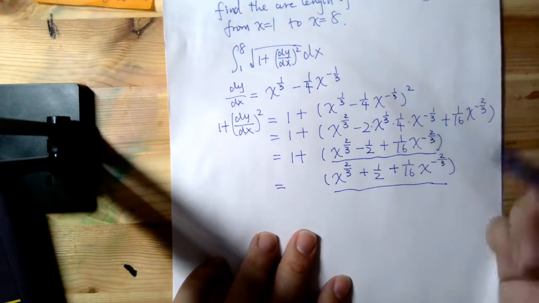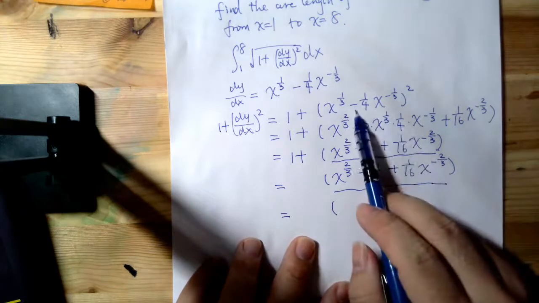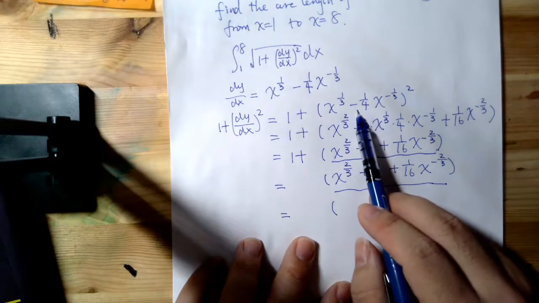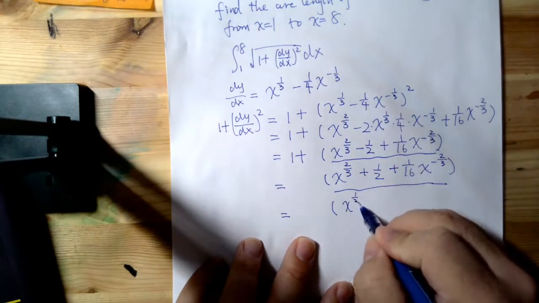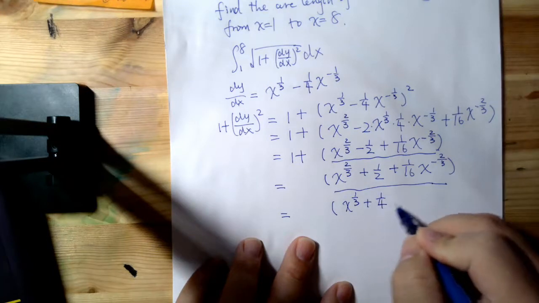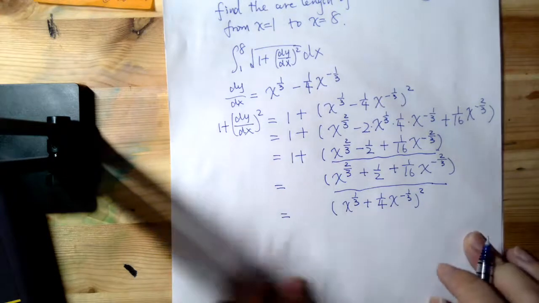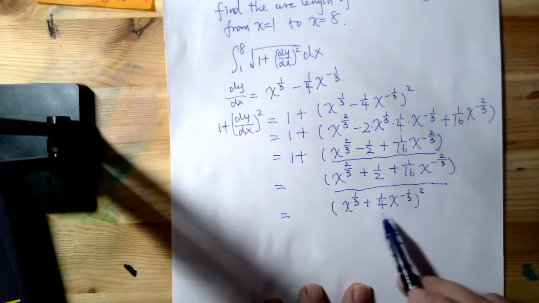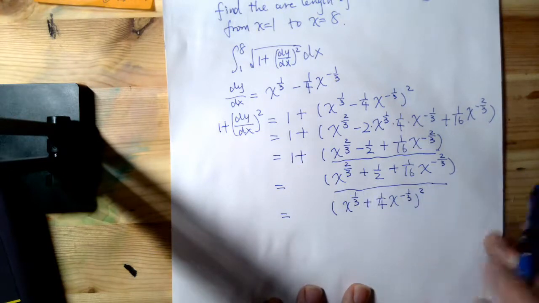The answer is yes. If we change this minus into a plus, we're going to have x^(1/3) plus 1/4 x^(-1/3), squared. You can verify that if you expand this, it gives you exactly this.